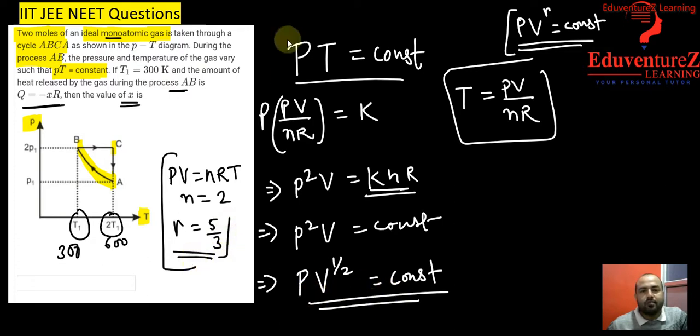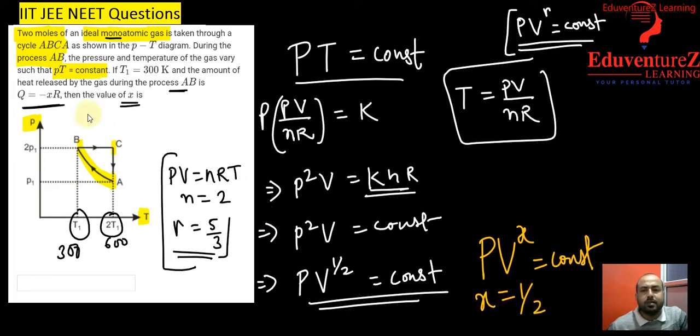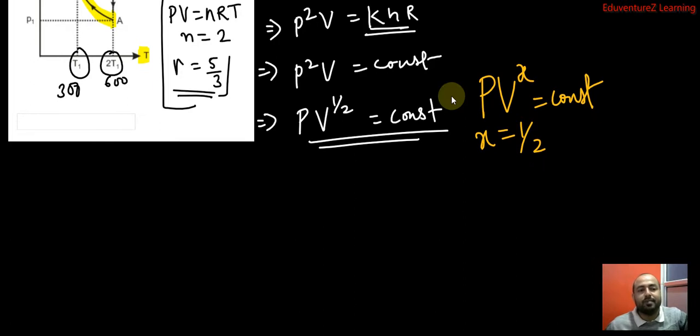So this is not of the form PV to the power gamma, it is of the form PV to the power x equal to constant, where x is 1 by 2. This x is not the x asked in the question, it is another x. It is a simple process, not a standard process.